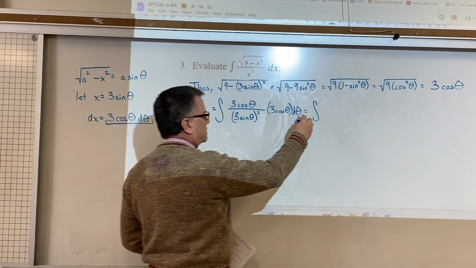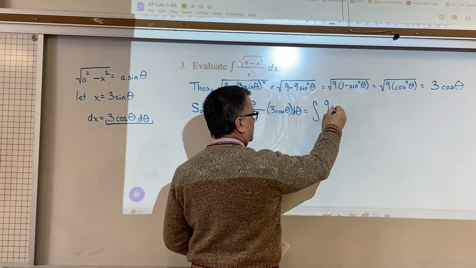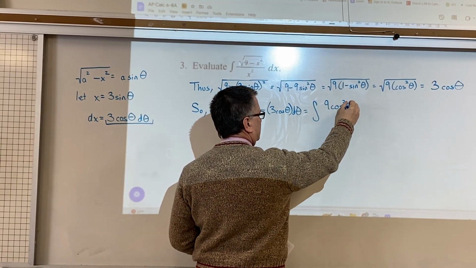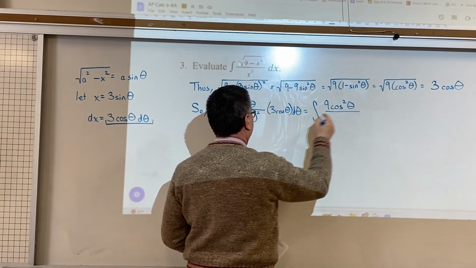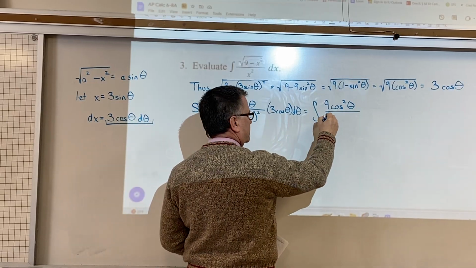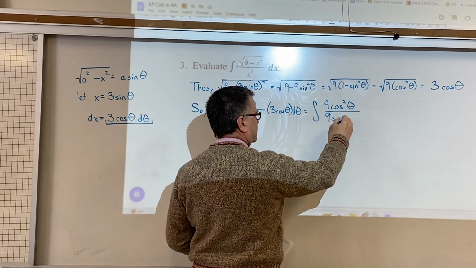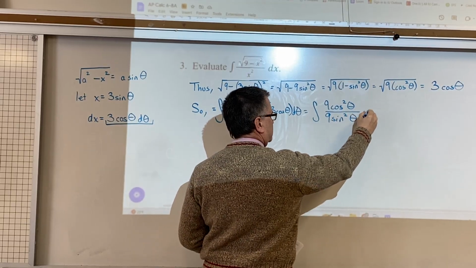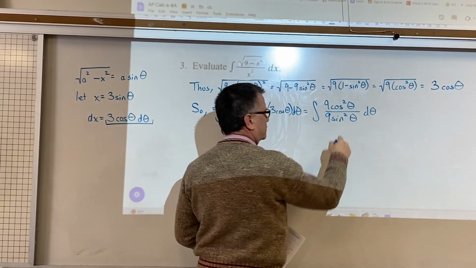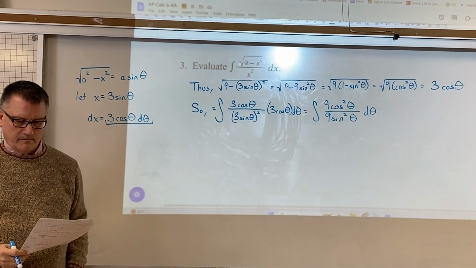Look at that, I got 9 cosine squared in the top. In the bottom, if I square that, I got 9 sine squared. And I got this d theta. So now I can take the integral in terms of theta.